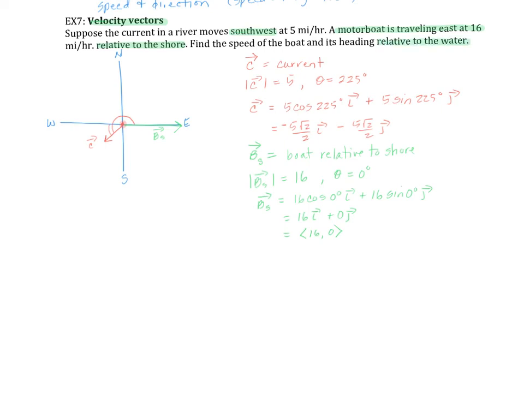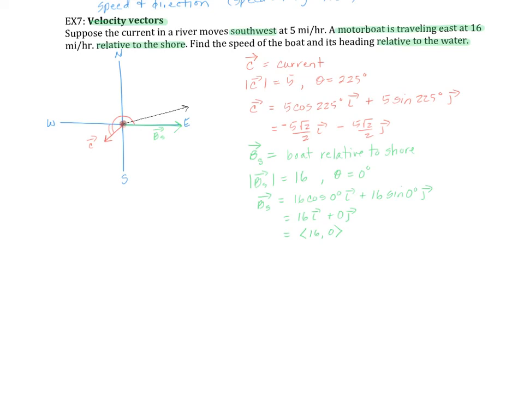When we're talking about the water, we're talking about the current. Relative to the water means this is going to be the speed of the boat without the current affecting it. So what I'm going to do here is draw a vector that is going to represent the boat without the current affecting it.